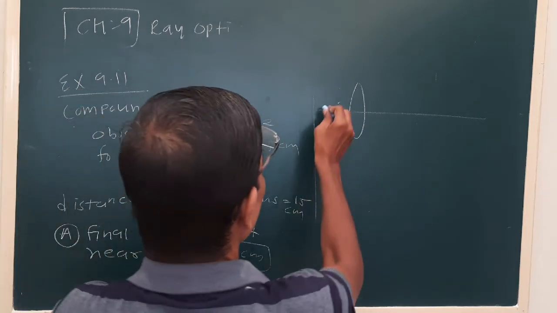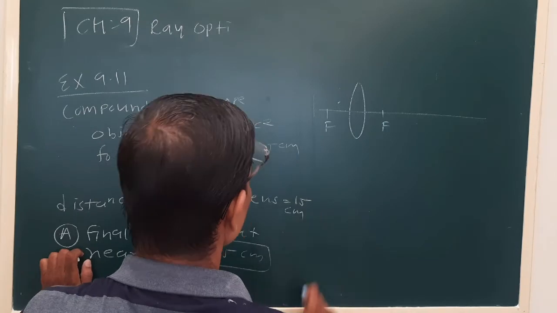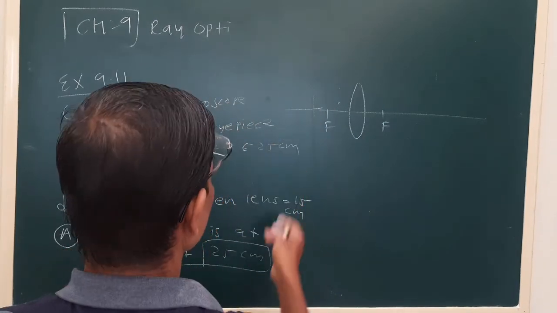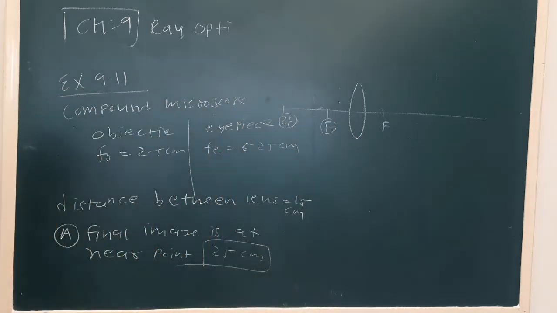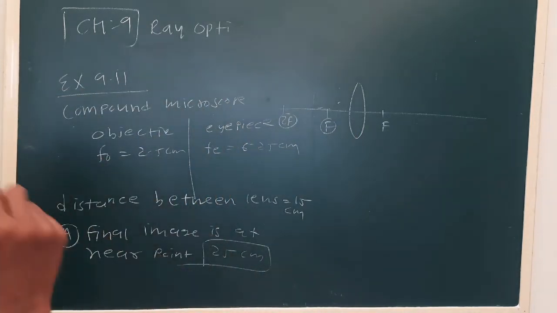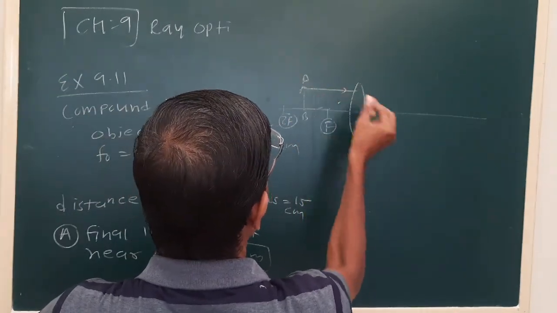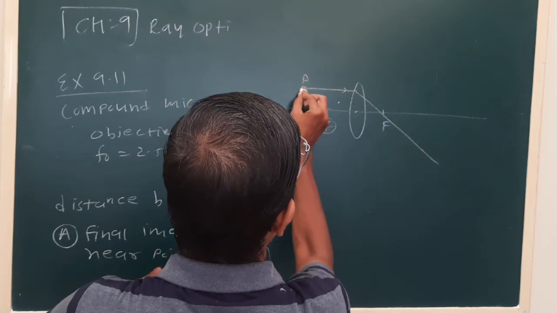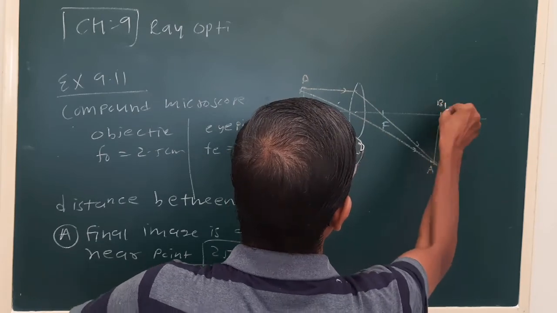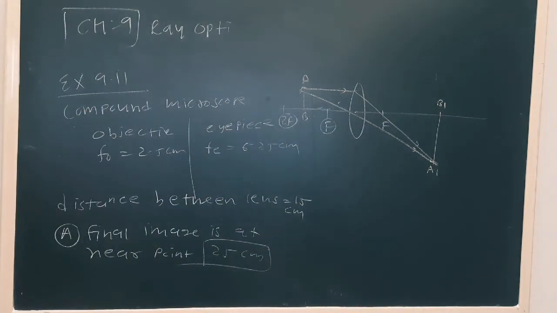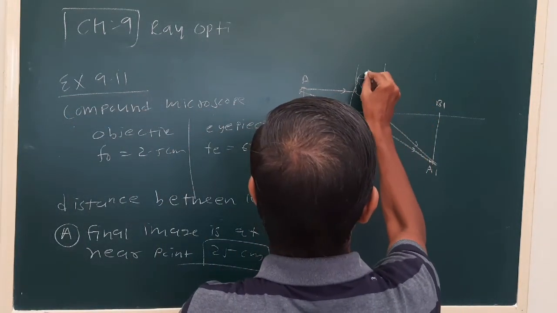Now let us say f of the lens 1. For compound microscope, when object is placed between f and 2f, A1B1 is the image formed. Now see this length, this is FO.